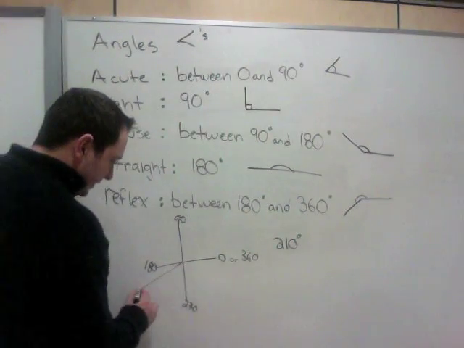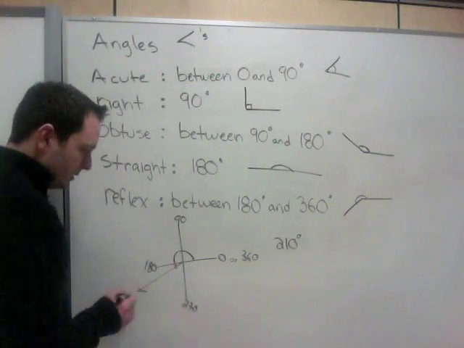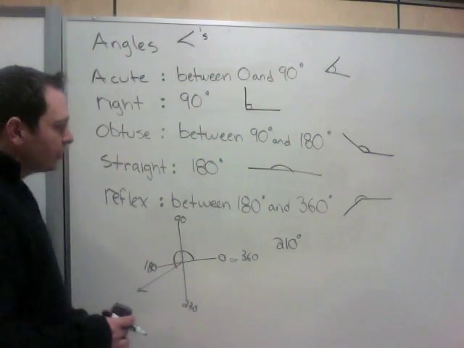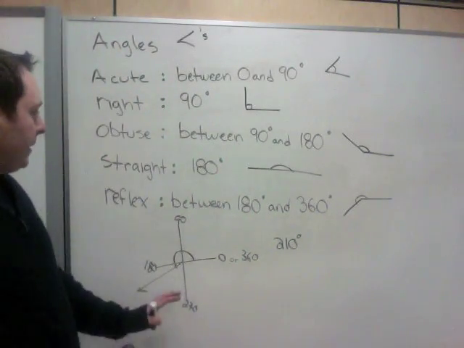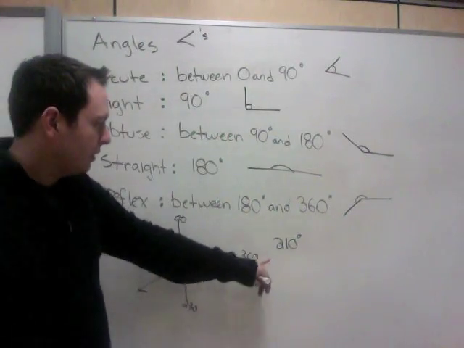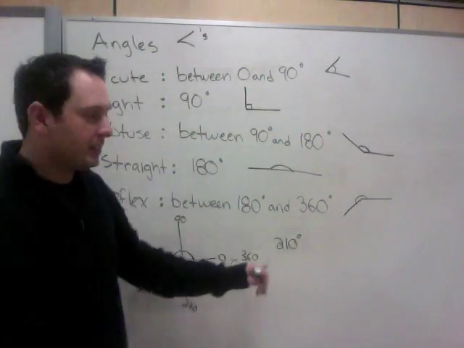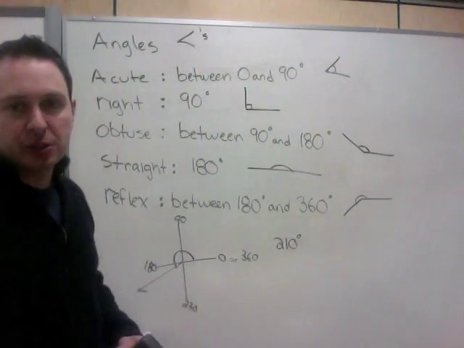Well, 210 is somewhere down here between 180 and 270. So it is reflex. So you need to be able to locate angles on a grid, and you need to be able to say, well, according to the size, knowing my definitions, 210 is between 180 and 360, so it is reflex. Okay, so you need to make sure you understand these definitions to start.